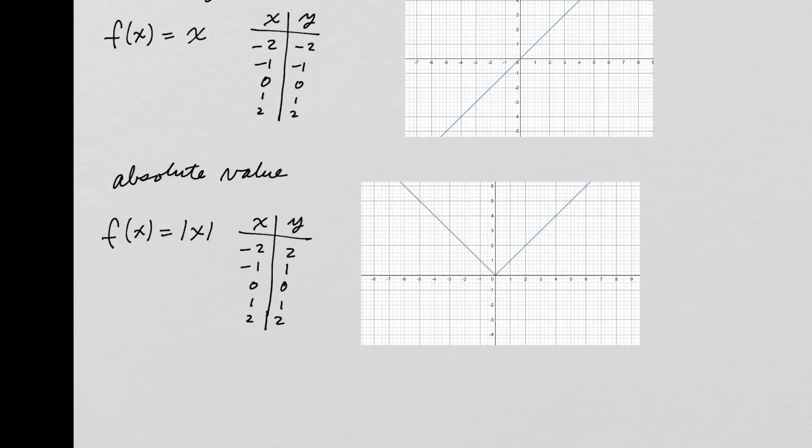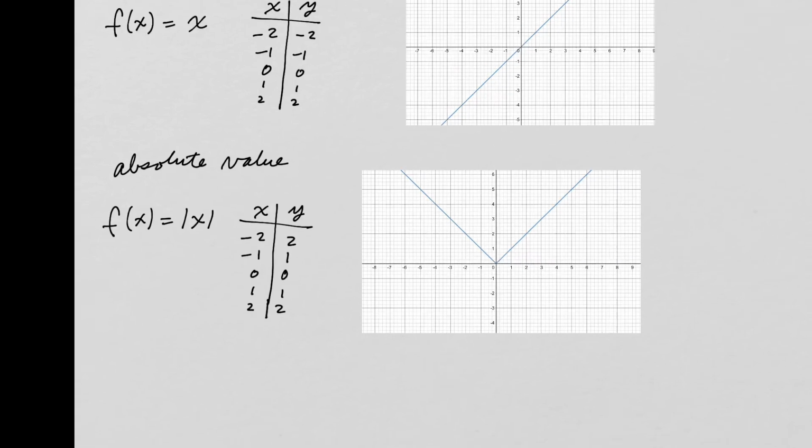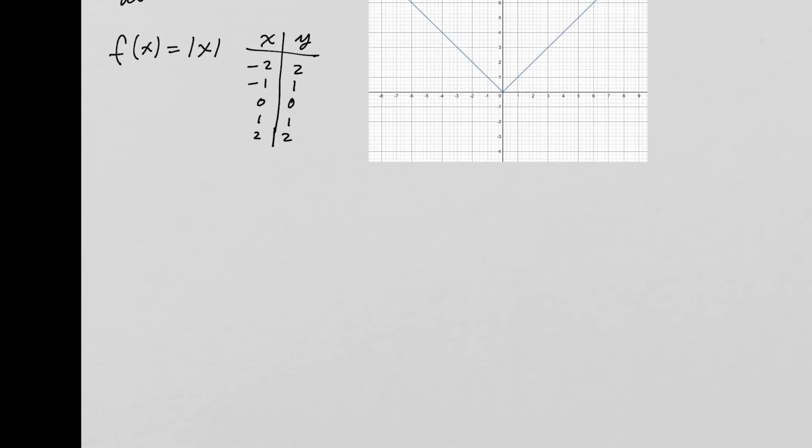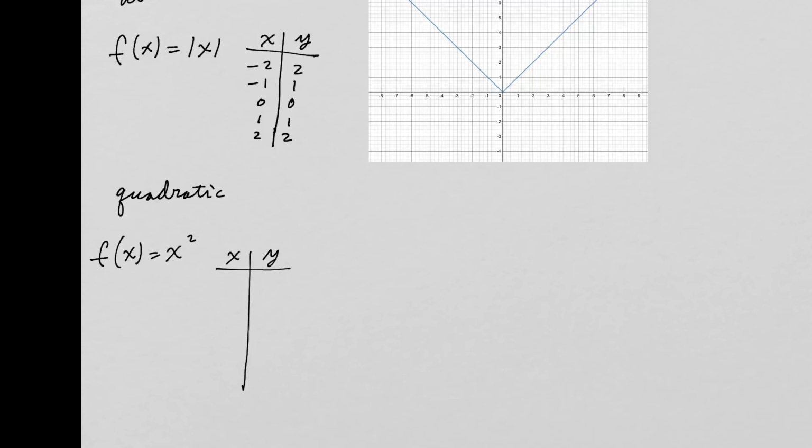Okay, the next toolkit function is the quadratic function. So that's f of x is equal to x squared. If I, again, make a table, we'll use the same input values.